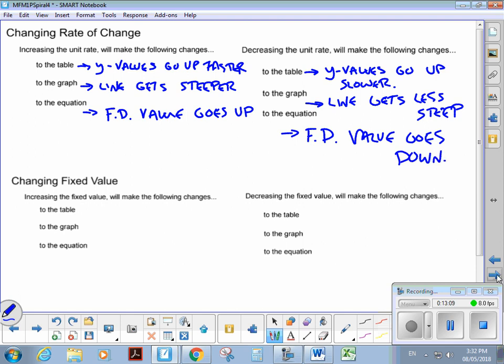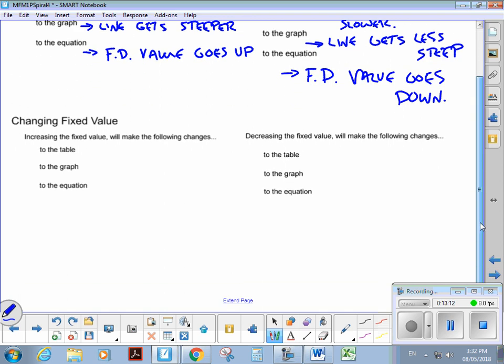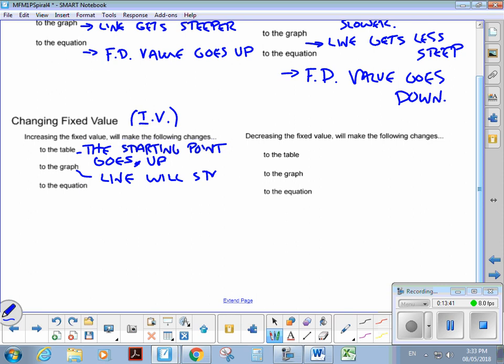All right. If we change the fixed value or the initial value, what happens to the table? The starting point goes up. So the initial or the first value you use goes up. To the graph, the line will start higher.